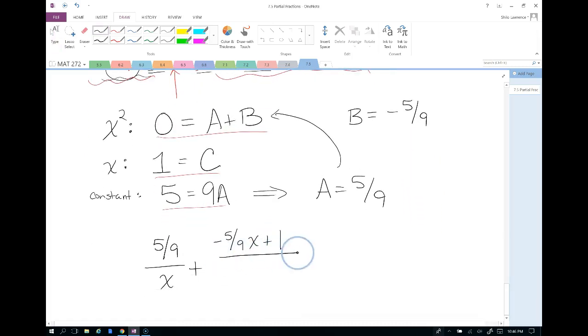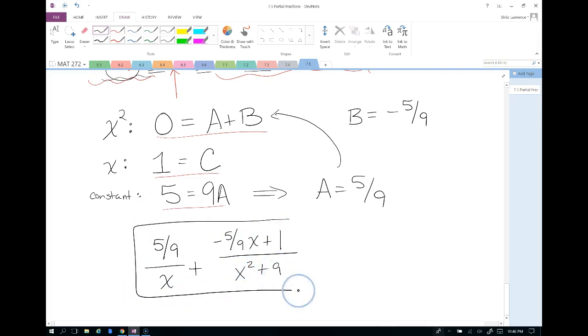So there's our bx plus c over x squared plus 9. That is our partial fraction decomposition. Believe it or not, this is easier than the original that we started with. It might look a little bit more complicated, but our ultimate goal is to integrate, and this definitely is easier to integrate.